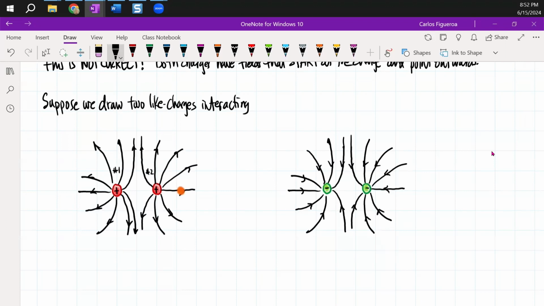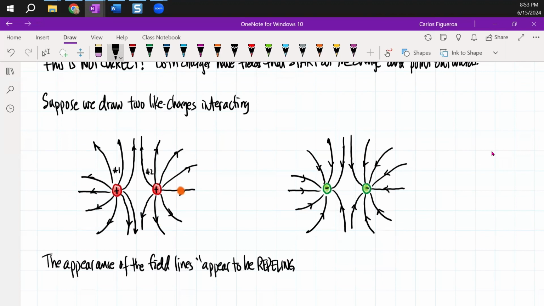So when you look at the field lines, the appearance of the field lines appears to be repelling, blocking, interfering, whatever language you want to use here.